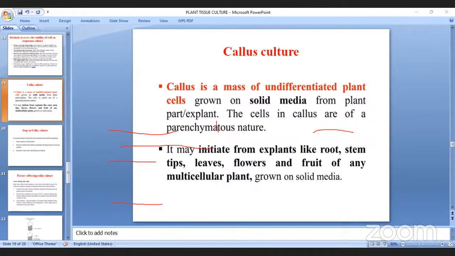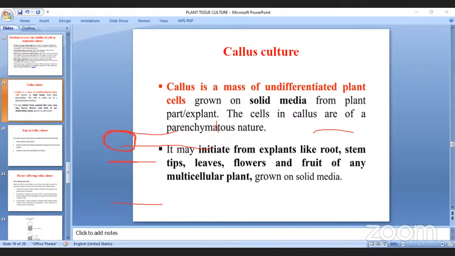So we can select the young explant or old one also. Under genotypic condition also, we take into consideration the genotype. Genotypic condition means the gene makeup of the particular plant. This is also very important for the preparation of callus.